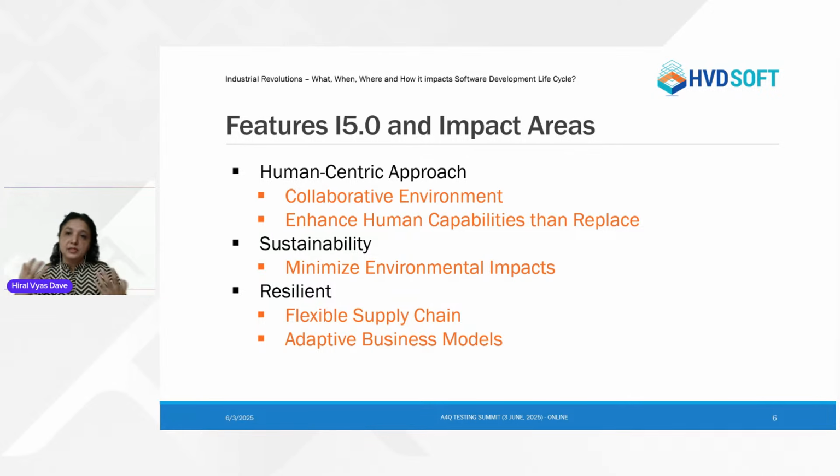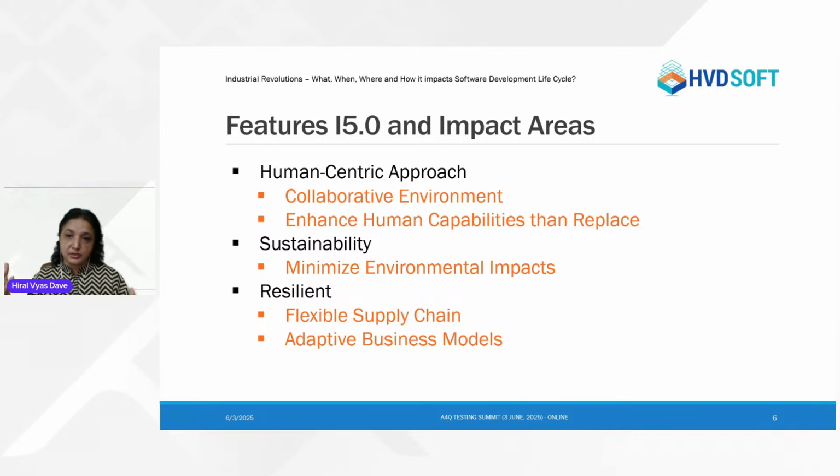Now, when we say human-centric approach, what does it mean? It means we are going to set up a more collaborative environment in the industries, be it a manufacturing industry like chemical or automotive, or the power sector, energy sector, petroleum.